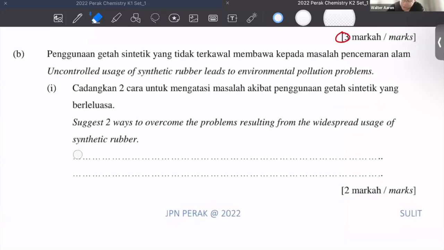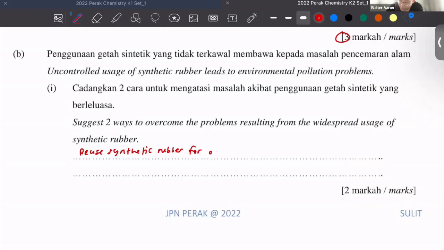So you can put here, reuse synthetic rubber for other purposes, such as car tires.